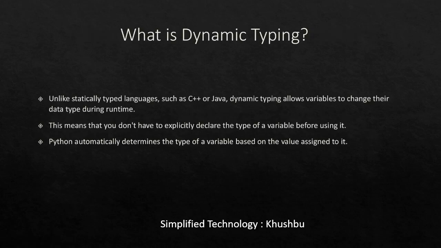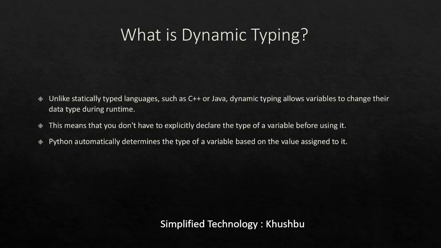So let us first understand what dynamic typing is. Unlike statically typed languages like C++ or Java, dynamic typing allows variables to change their data types during runtime. In C++ and Java, when we declare the type of a variable, we cannot change it at runtime.